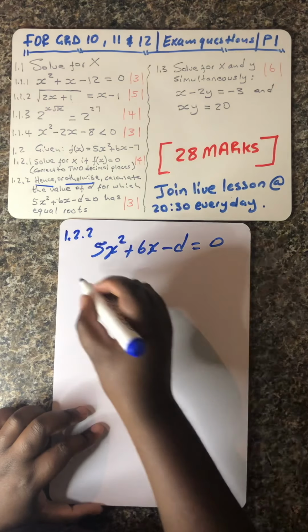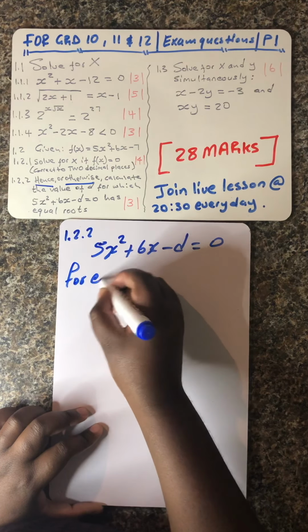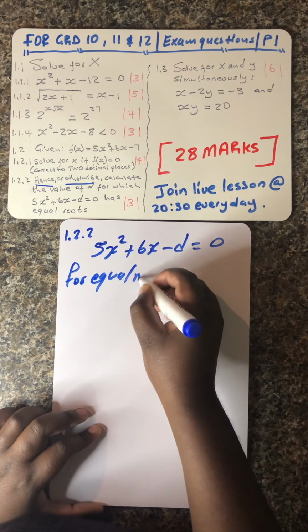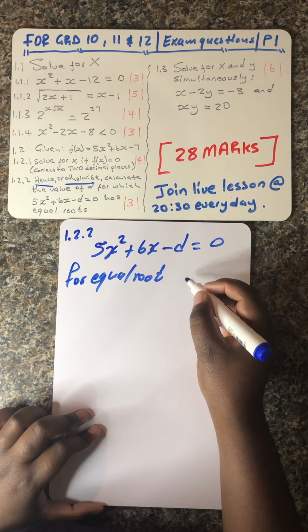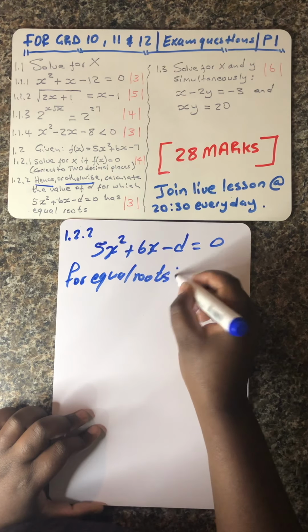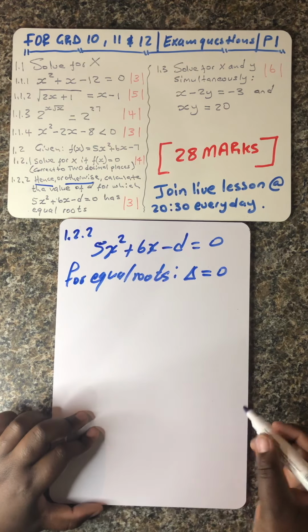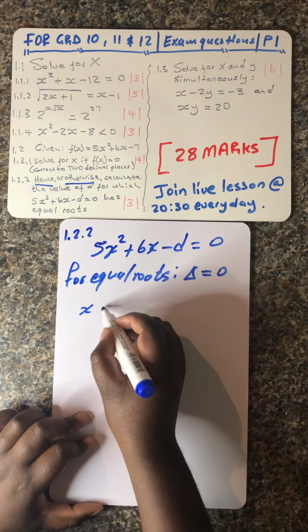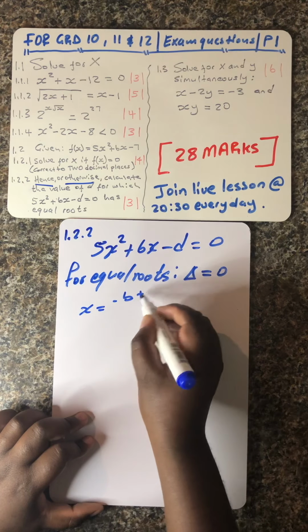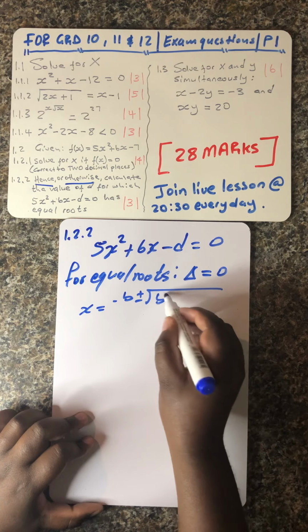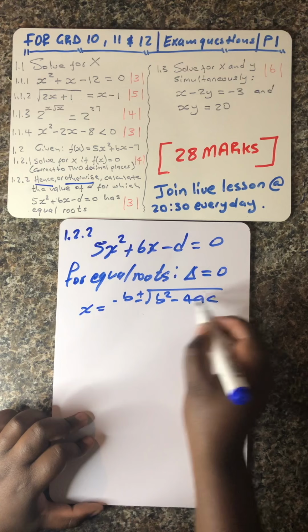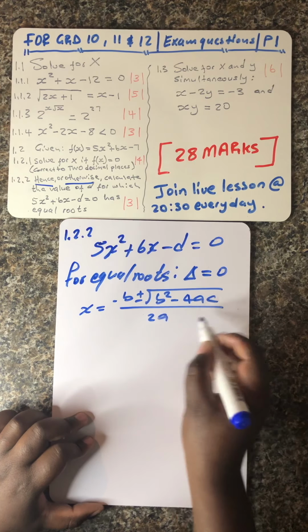Okay, so guys, for equal roots, this is what you can note down. For equal roots, delta or change is equals to 0. Remember from this formula, guys, negative b plus or minus square root of b squared minus 4ac, all over 2a.